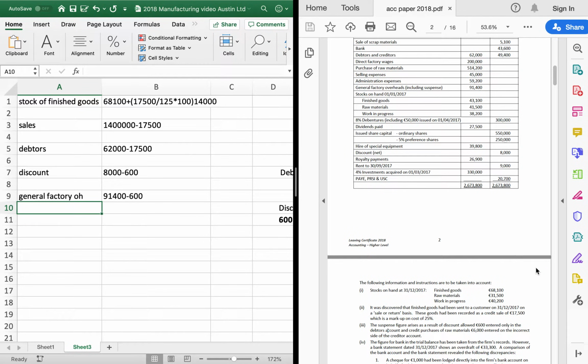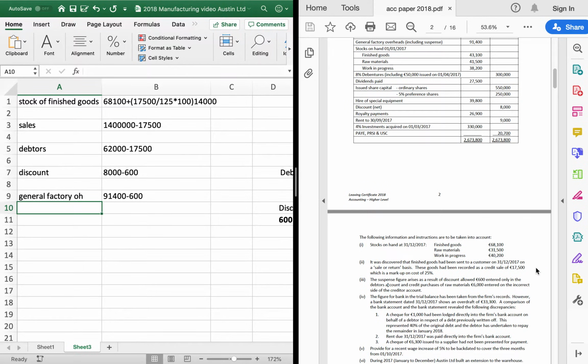The second part is credit purchases of raw materials entered on the incorrect side of the creditors account.